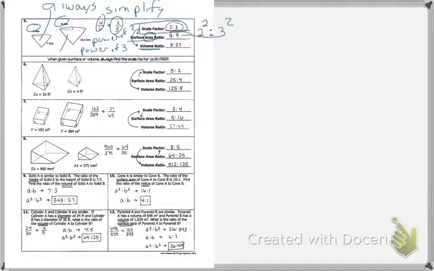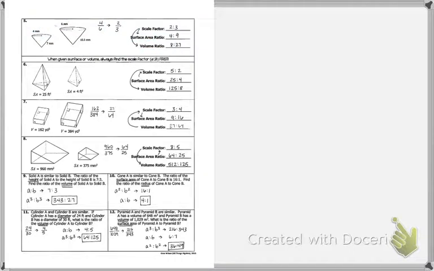Volume ratio, we're going to use 2 to the power of 3, and 3 to the power of 3. We're using the originals. Well, 2 to the power of 3 is 8, 3 to the power of 3 is 27. Simple enough. Hopefully, if you have any questions, again, always ask me. The assignment I'll give you on this one, because it's going to be 2 lessons, I'm going to have it due probably by next Wednesday.